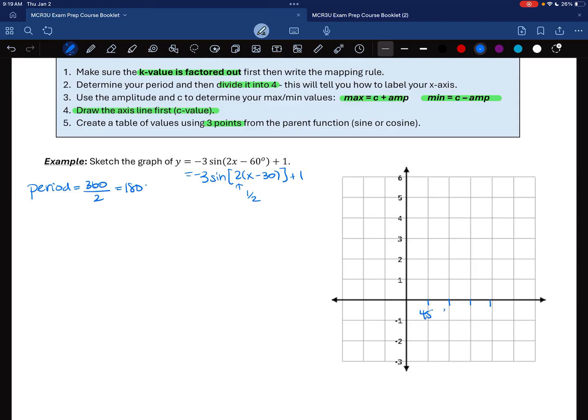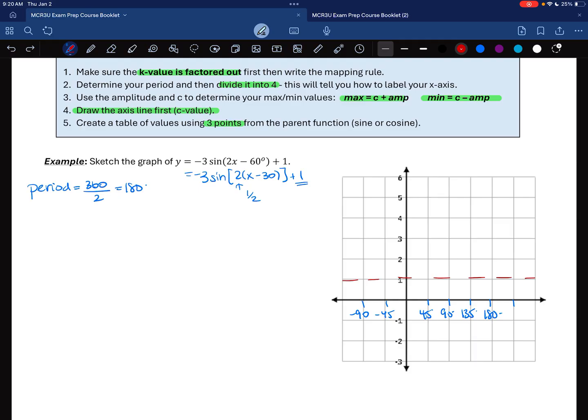So 45, 90, 135, 180. Okay, my max value is starting from my axis line, which is here at 1. So I know my axis line is going to be here. So my hills and valleys should be going around that axis line.